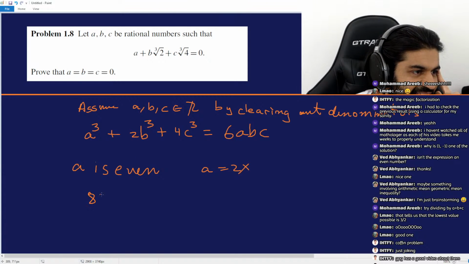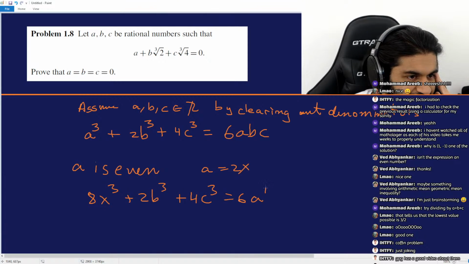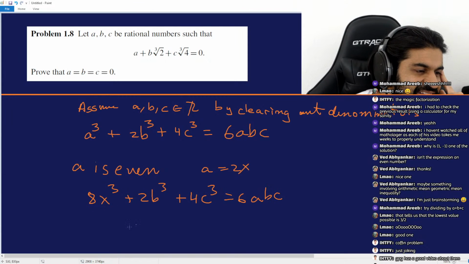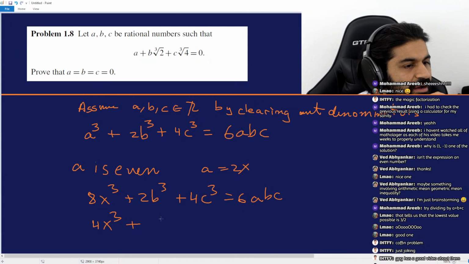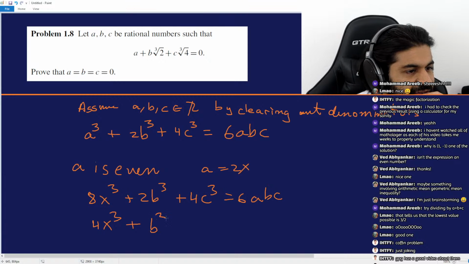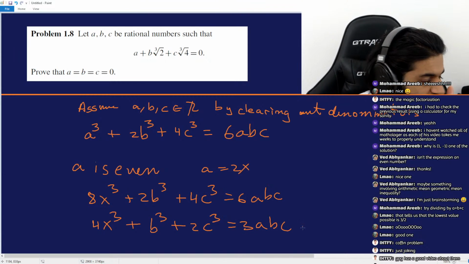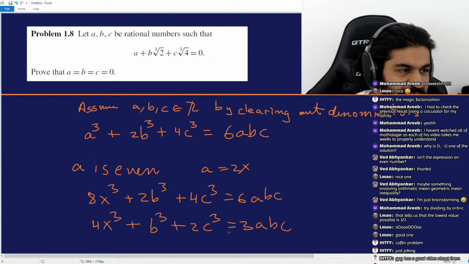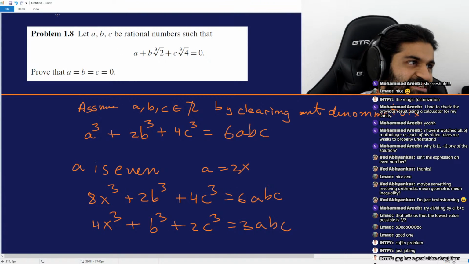So that means 8x cubed plus 2b cubed plus 4c cubed equals 6abc, right? But then you can cancel out 2's, and you get 4x cubed plus b cubed plus 2c cubed is equal to 3abc, which tells you that now you reduce again mod 2, and you get that b is even as well.